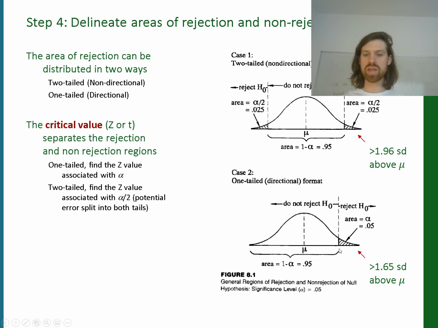Here we go, down here, so 1.65 standard deviations above the mean in this case. And for the two-tailed test, find the Z value associated with the alpha value divided by 2. Remember, I explained before that we need to split the effects because it's non-directional, in the lower part and the upper part of the distribution, okay?